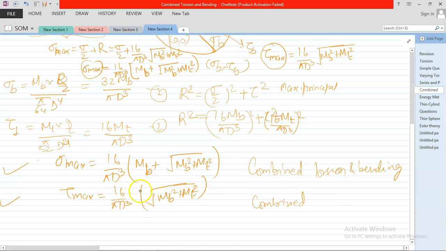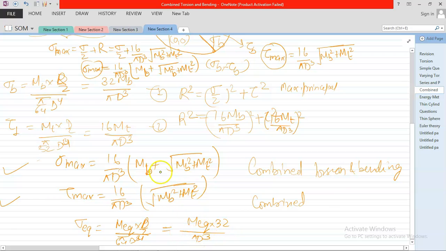And also one thing, you can also get something else. Let me give you what we can get. Sigma equivalent is equal to M equivalent into d by 2 divided by pi by 64 d to the power 4, that will equal M equivalent into 32 divided by pi d cube.